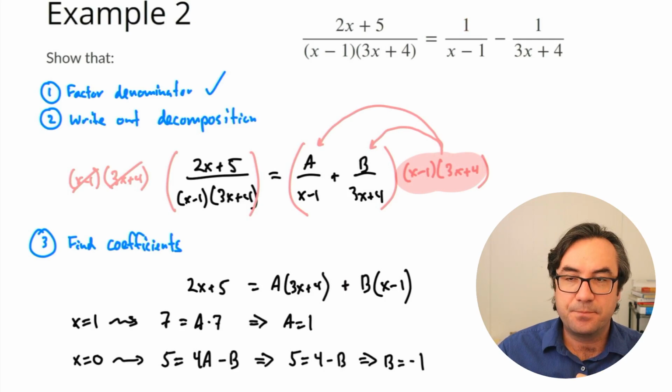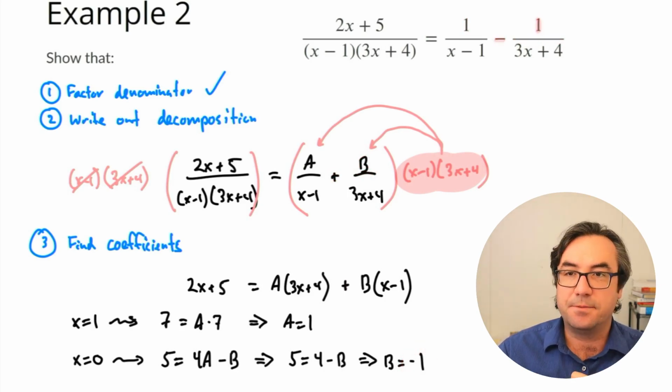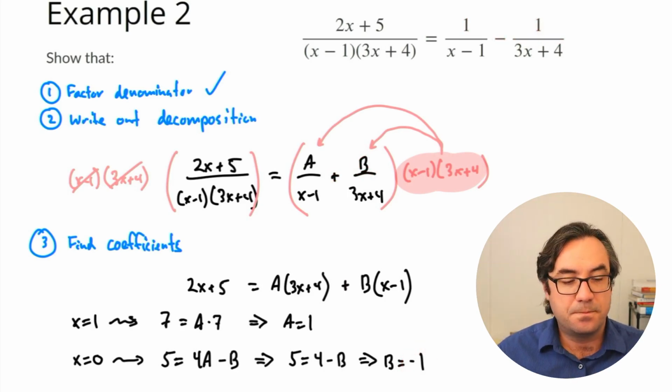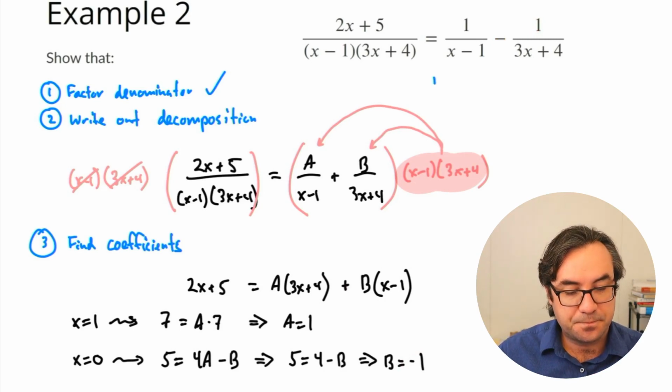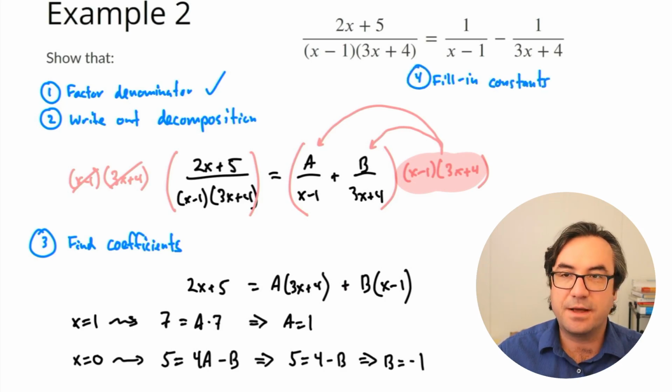It was 1. And instead of plus b over the 3x minus 4, I filled in what my b value was. It was -1. So you just want to make sure you fill in the constants once you find them. Write down the final answer.